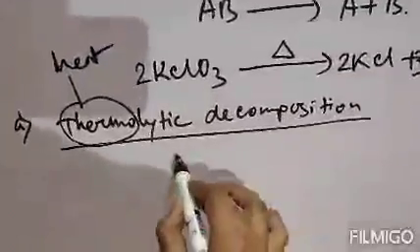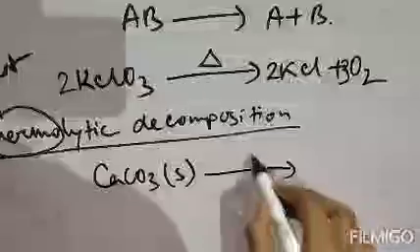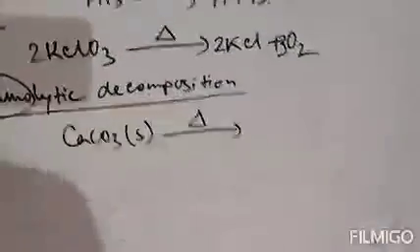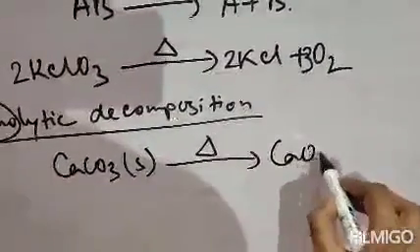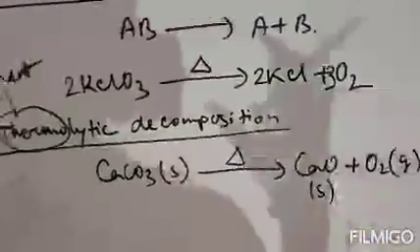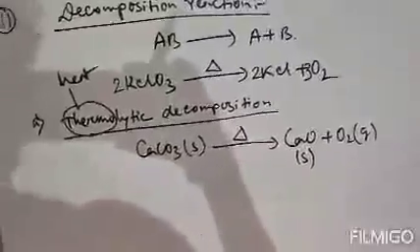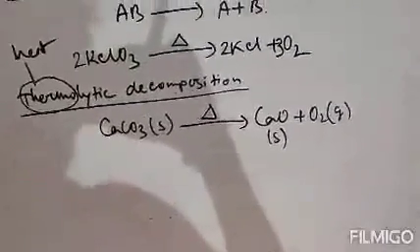So let's take an example. Suppose calcium carbonate, CaCO3, it is a solid. When heat is applied to calcium carbonate, it breaks down to calcium oxide and releases carbon dioxide. So this is a thermolytic reaction. Whenever heat is given to a reaction, that reaction will be termed a thermolytic reaction.